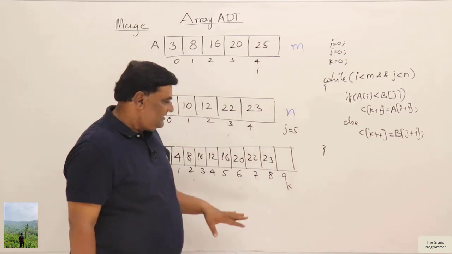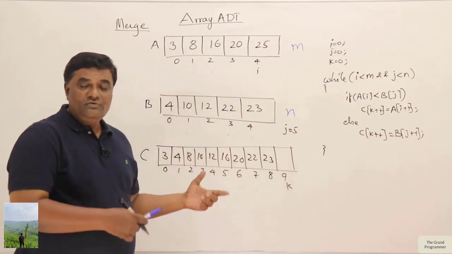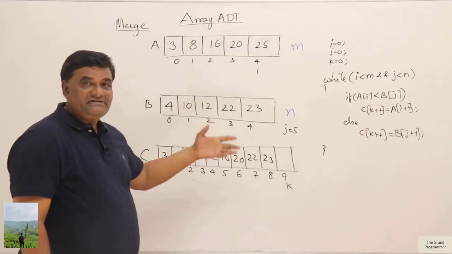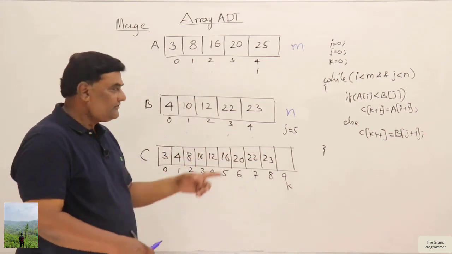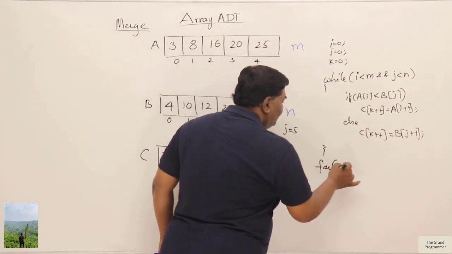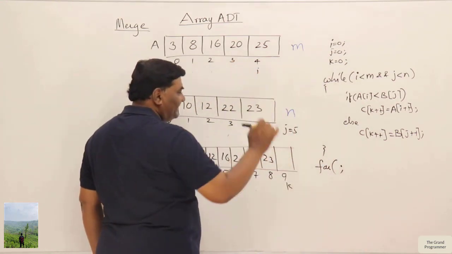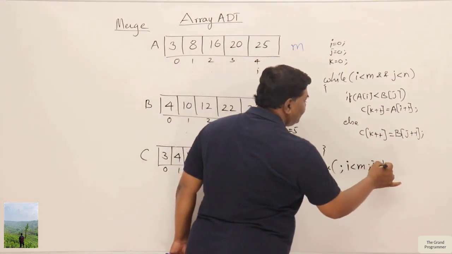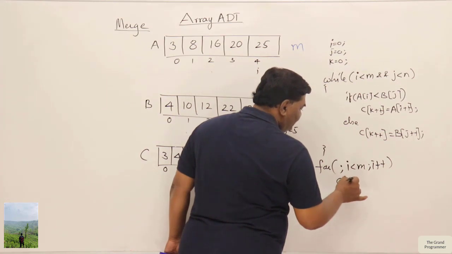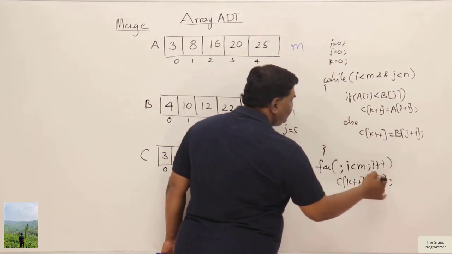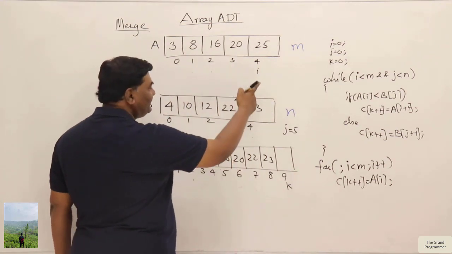Okay, we have stopped. Then what we have to do is copy the remaining elements. If in the first list, copy the remaining. If in the second list, then also copy the elements. So for that, I will write the code here. For, wherever I is, let it be there only. I less than M, I plus plus, C of K plus plus assign A of I. This will copy the remaining elements from the first list.